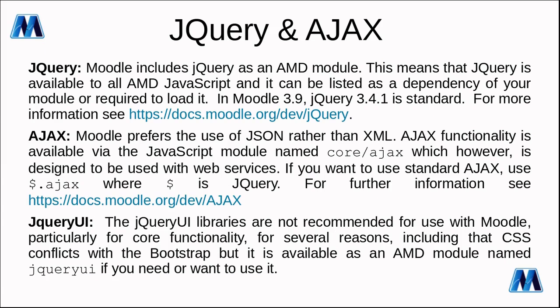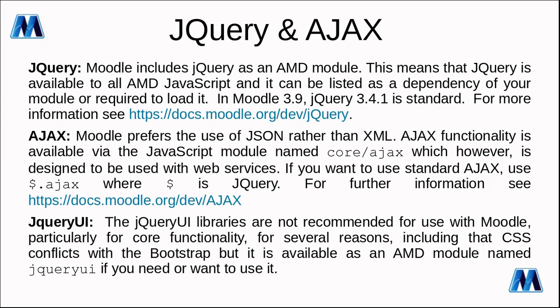So in terms of Ajax, Moodle definitely prefers the use of JSON rather than XML. Ajax functionality is provided as a JavaScript module called core/ajax.